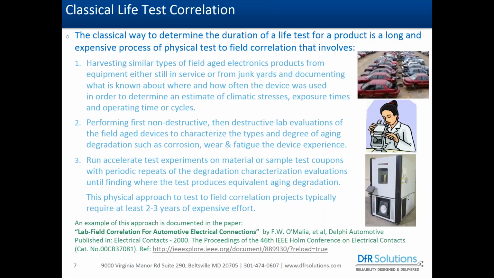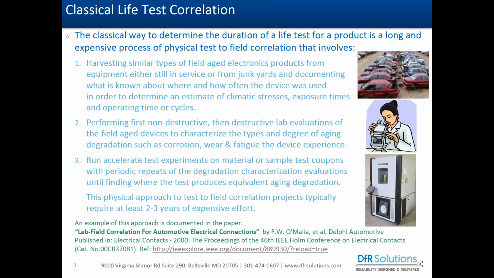And periodically we would pull these things off of whatever test they were going under, and we would repeat the degradation characterization evaluations to find out what degree of aging degradation we had produced at this point in the test. And our objective was to eventually determine what length of testing under specific conditions would be necessary to produce an equivalent amount of degradation aging in the lab to what we saw in the field.